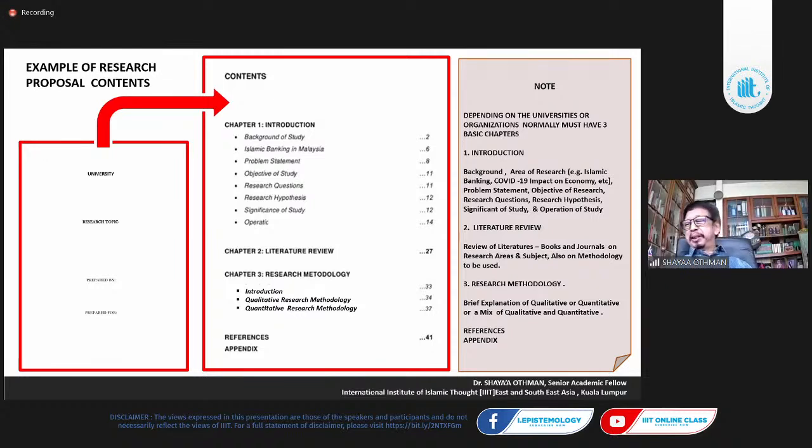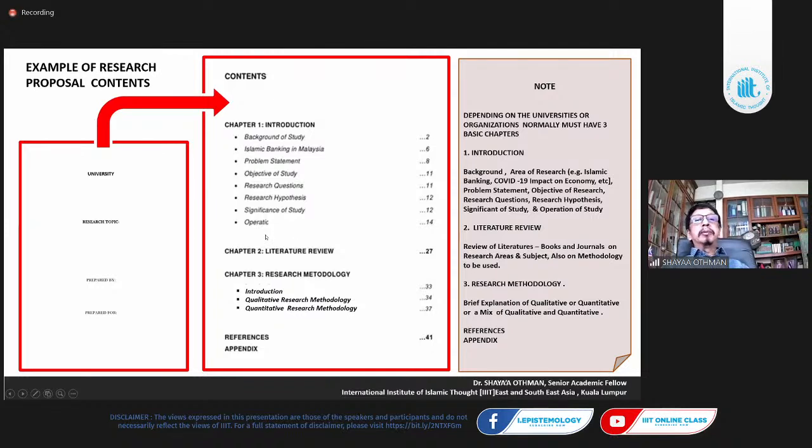Looking at this PhD proposal, I chose it because the supervisor accepted it immediately, and the reason is that after proceeding with it, they got a distinction in terms of the research findings, because it covers everything. The introduction covers the background of the study, Islamic banking, problem statement, objective of the study, research question, research hypothesis, and significance of the study.